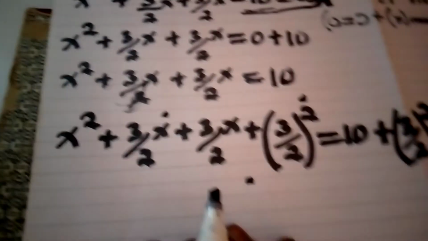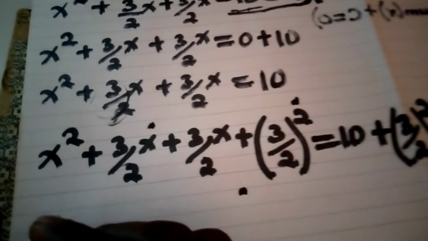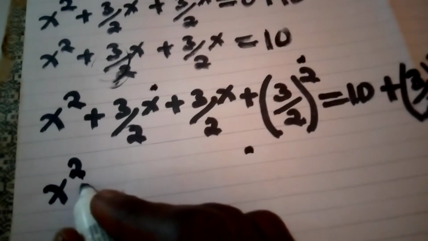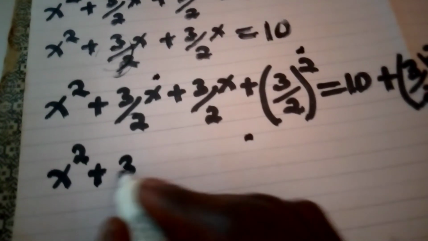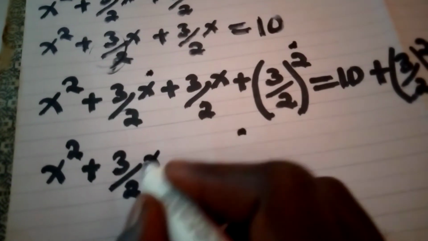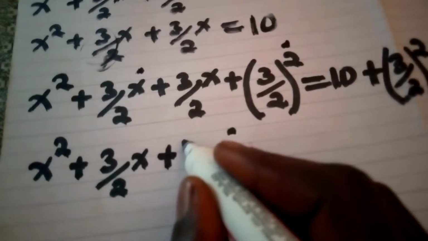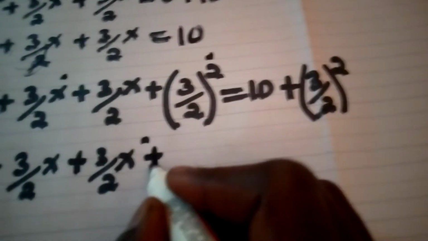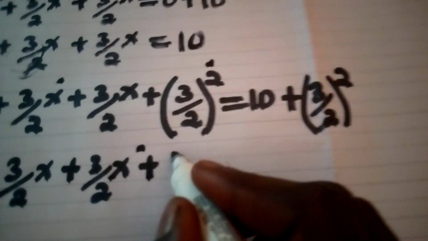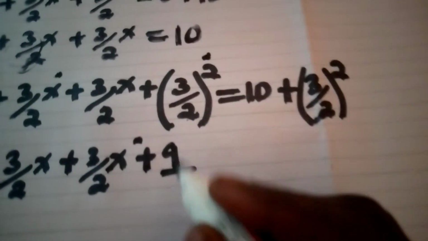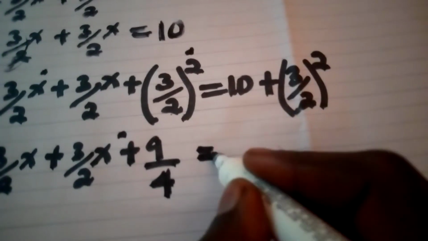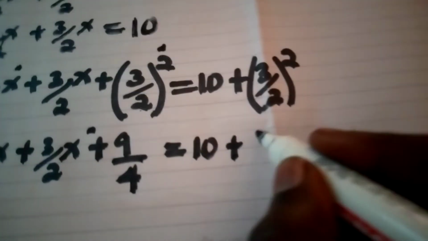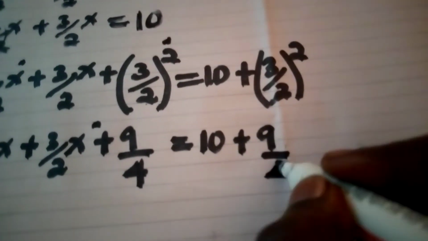So after adding, we shall now remain with our equation as x squared plus 3 out of 2x plus 3 out of 2x, then plus 3 squared is 9, all over 2 squared is 4, giving us 10 plus 9 out of 4.